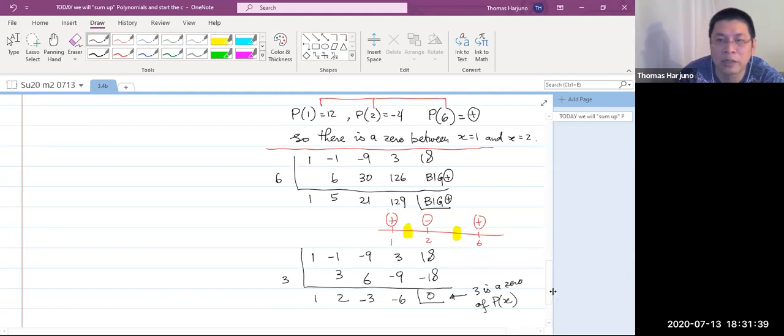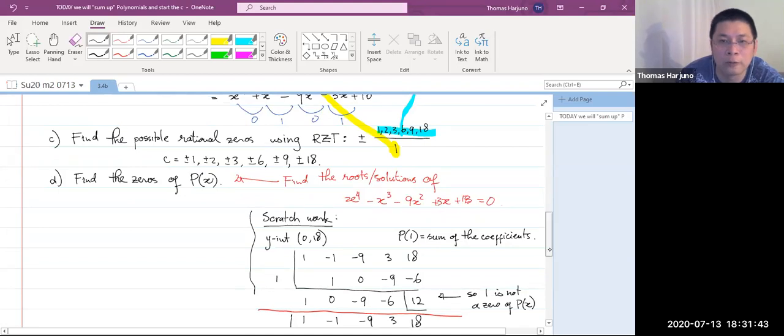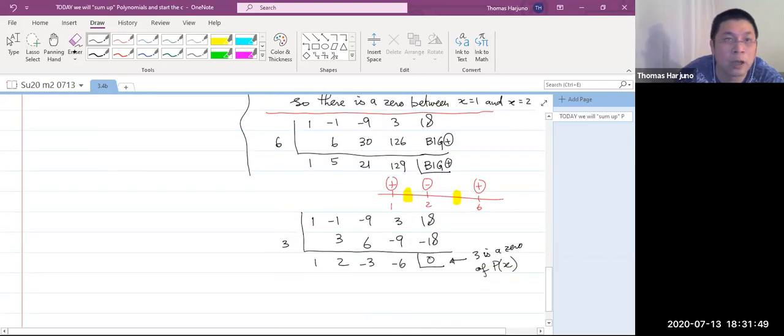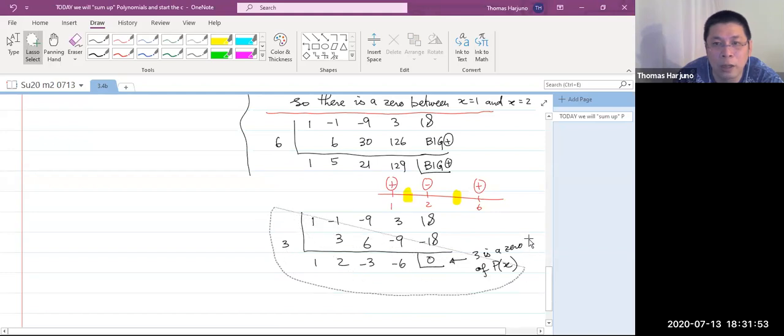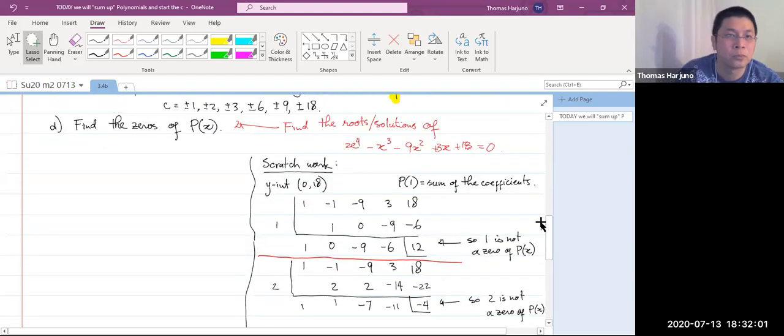Now, because 3 is a zero, I will copy that in my formal work. I have that feature here, but when you do the handwriting, you need to copy whatever you have from your scratch paper to your test or quiz paper. So I'll put it here.